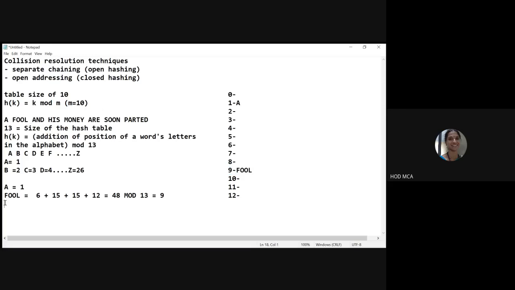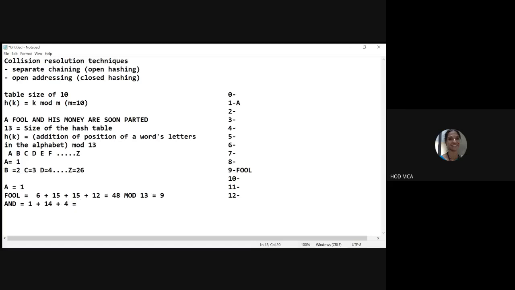The next word that we have in our sentence is and. So if you want to calculate for and, A is 1, correct? So 1 plus N. N is going to be, I think, 14, all right? And D is 4, right?